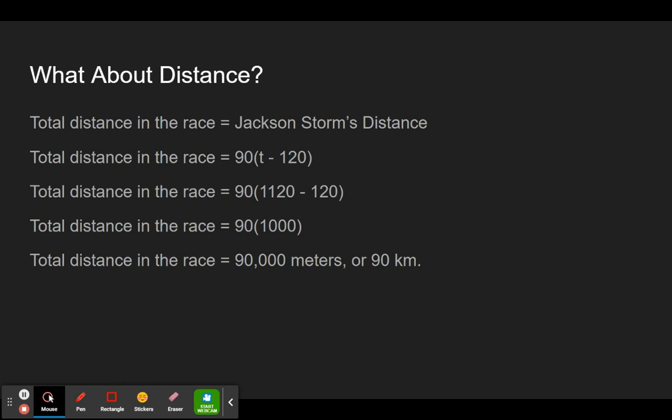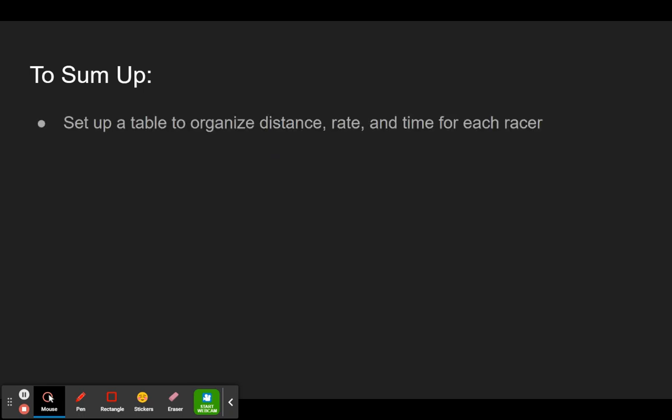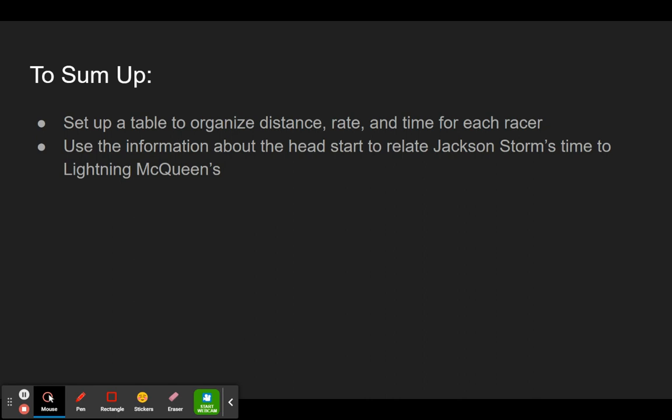or 90 kilometers. So to sum up, when you see a problem like this, you start by setting up a table to organize the distance, rate, and time for each racer. Then you use the information about the head start to relate Jackson Storm's time to Lightning McQueen's time.